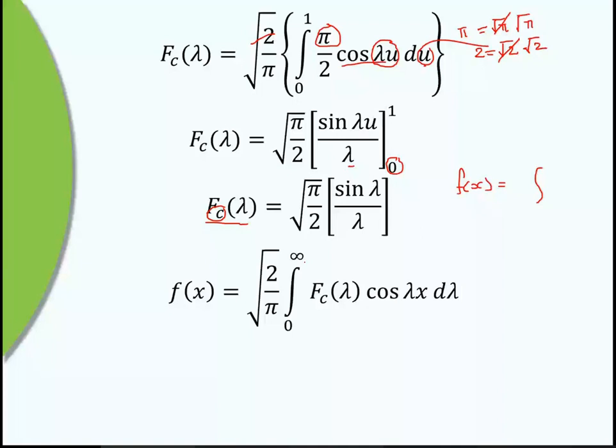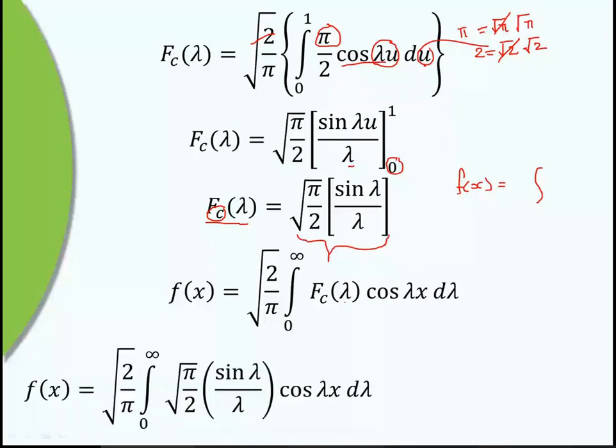Okay, using the inverse Fourier transform, now substitute the value of fc lambda over here and then simplify it. So f of x becomes square root of 2 by pi integral 0 to infinity, substituting this value, root pi by 2 sine lambda by lambda, this cos lambda x d lambda as it is.